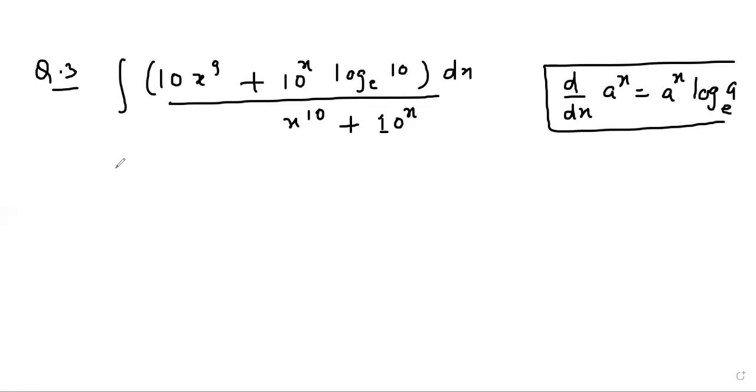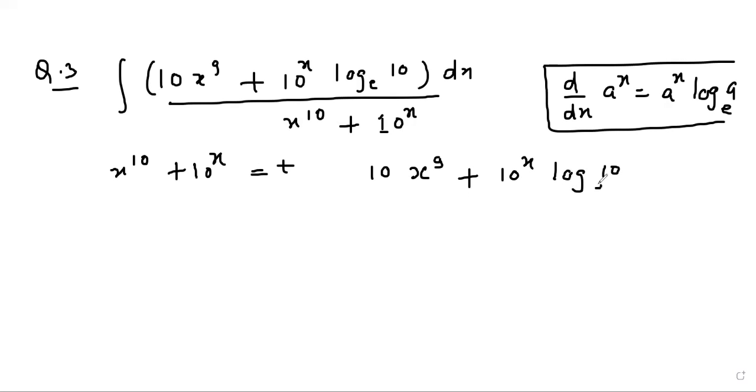So let x power 10 plus 10 power x equal to t. We differentiate it. So 10 x power 9 plus differentiation of 10 power x, which is 10 power x log 10 base e, times dx will be dt.